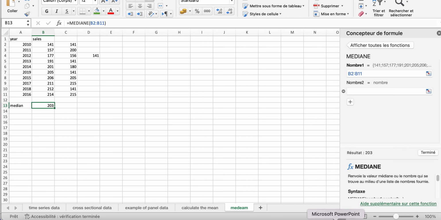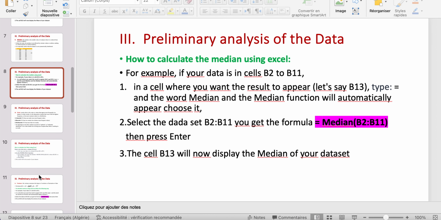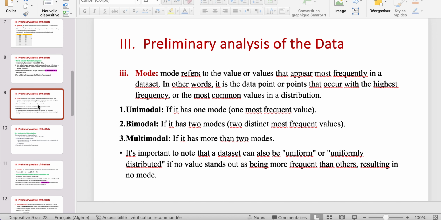And the third measure is the mode. The mode refers to the value or values, because we can have one mode or several modes, that appear most frequently in a data set.